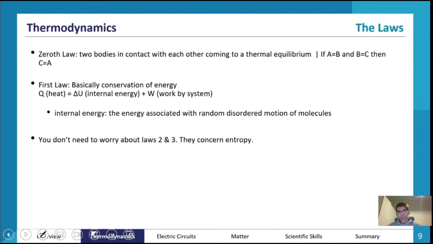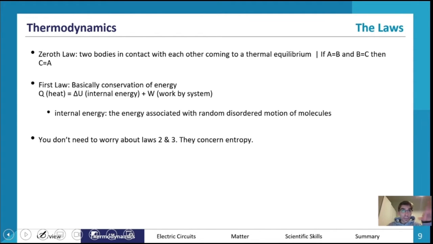First of all, we have the zeroth law. The zeroth law states that two bodies in contact with each other will come to a thermal equilibrium. That is, if object A and object B are in contact with one another, and B is in contact with object C, then the temperature of object C when everything comes into equilibrium will equal the temperature of object A, right?